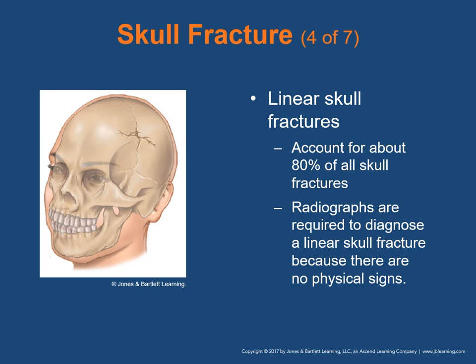Linear skull fractures are what we're going to discuss now, and these are non-displaced skull fractures and account for approximately 80% of all fractures to the skull. Radiographs are required to diagnose a linear skull fracture because there are often no physical signs such as deformity. If the brain is uninjured and there are no scalp lacerations, then linear fractures are not life-threatening.